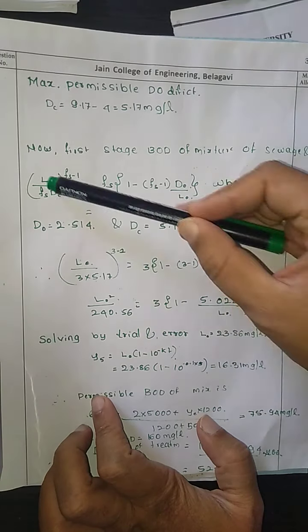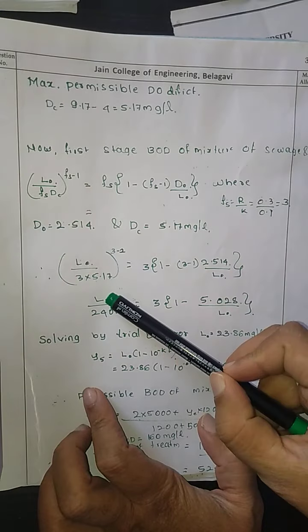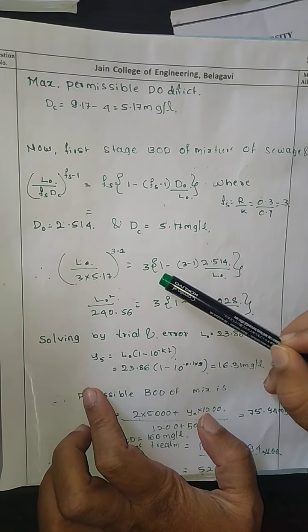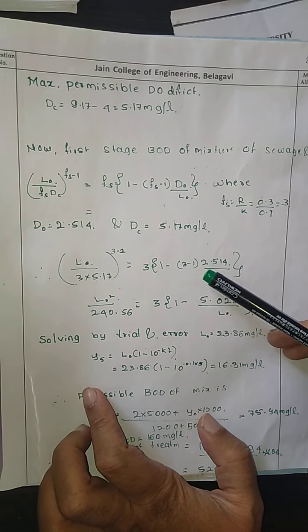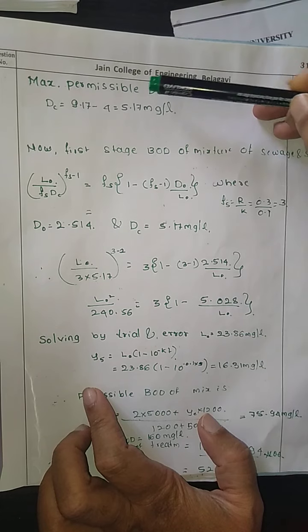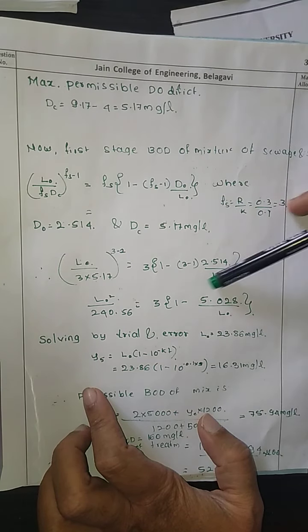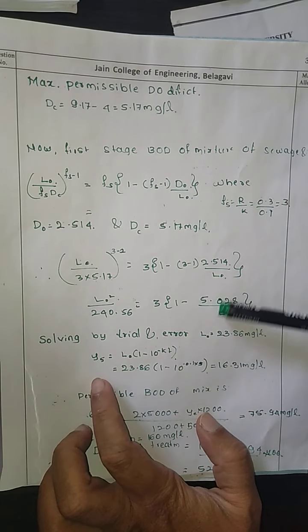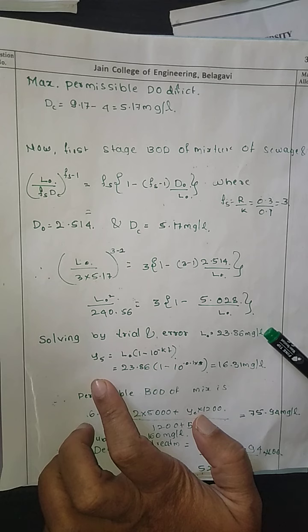Fs we have determined as 3, Dc is 5.17, and this is equal to 3 into (1 minus (3 minus 1) into D0, where D0 is 2.514, divided by L0). After simplifying, by solving by trial and error, we get the L0 value as 23.86.